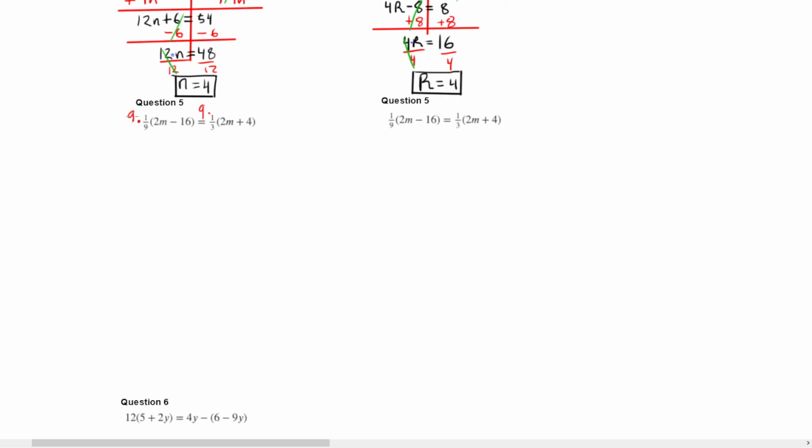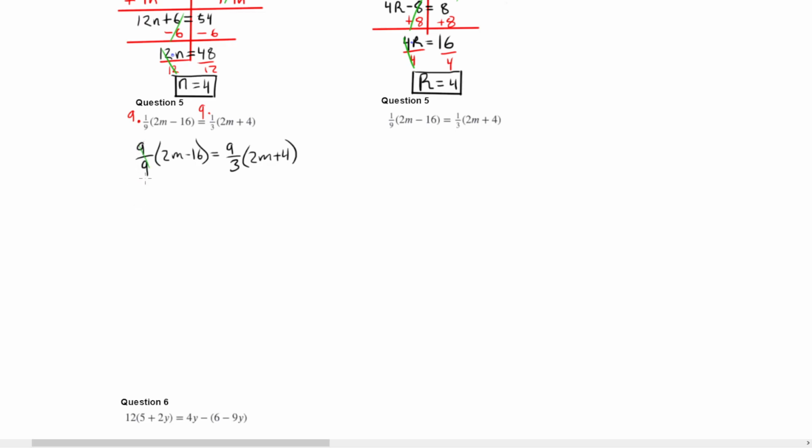So now it's going to be 9 over 9, parentheses 2m minus 16, equals 9 over 3, parentheses 2m plus 4. These guys just cross out. So that becomes a 1.